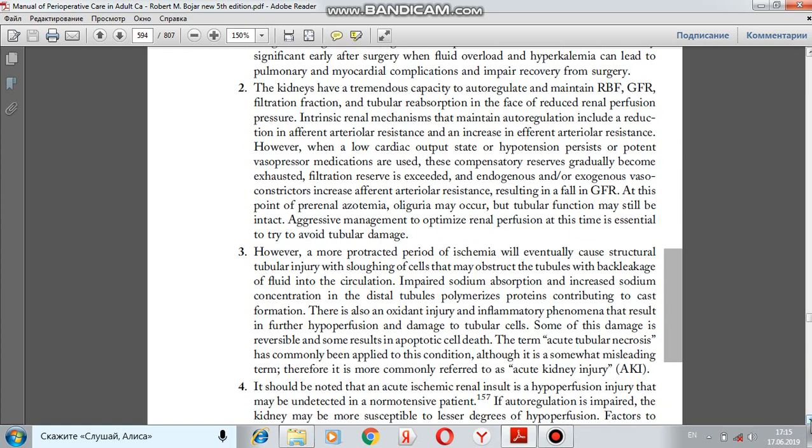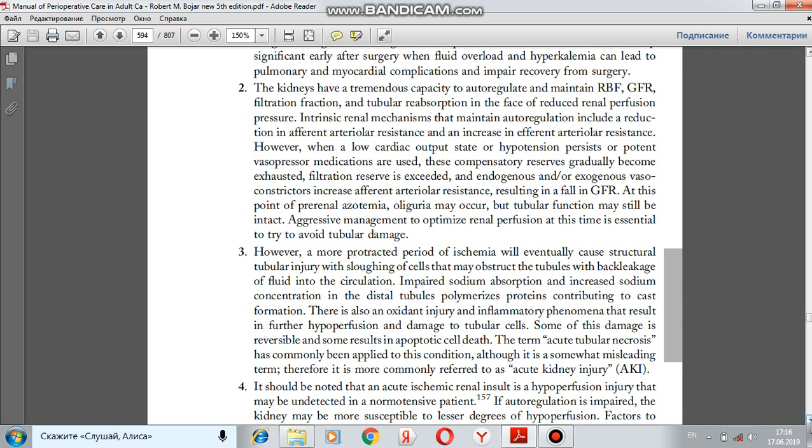2. The kidneys have a tremendous capacity to auto-regulate and maintain renal blood flow, glomerular filtration rate, filtration fraction, and tubular reabsorption in the face of reduced renal perfusion pressure. Intrinsic renal mechanisms that maintain autoregulation include a reduction in afferent arteriolar resistance and an increase in efferent arteriolar resistance.